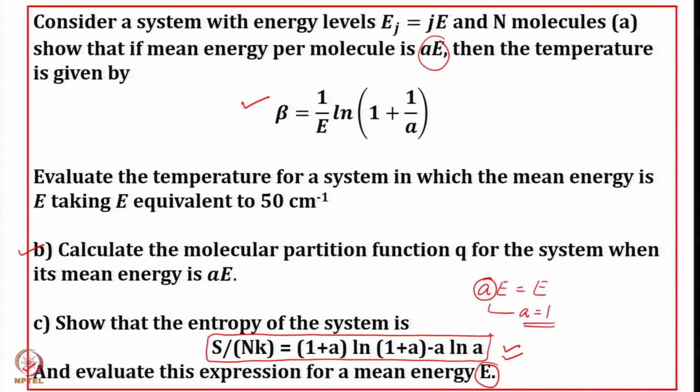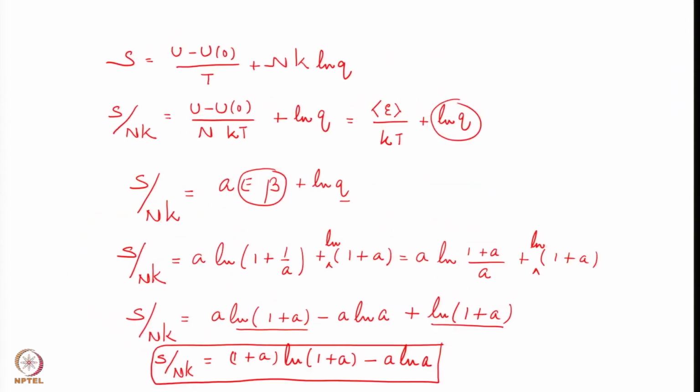And if you use A equal to 1, what you have here is 1 plus 1 is 2, 2 log 2, and when A is equal to 1, log 1 is 0. So, therefore, the answer is 2 log 2.